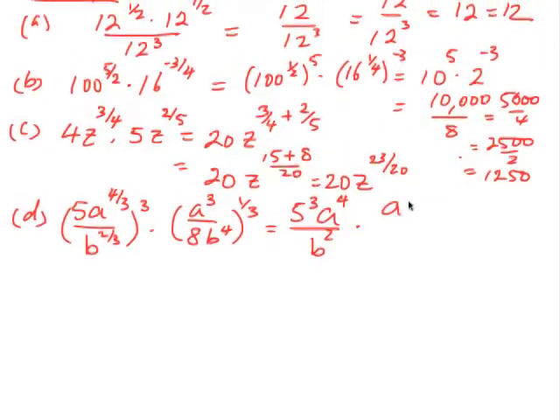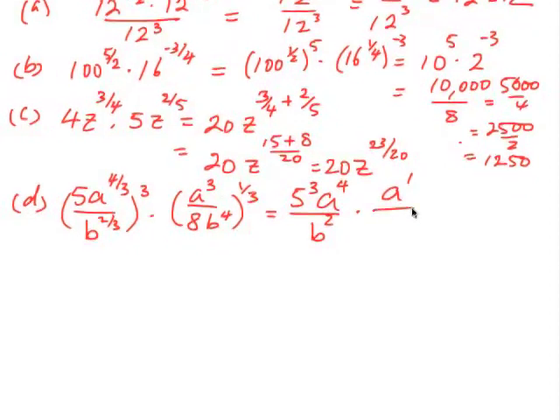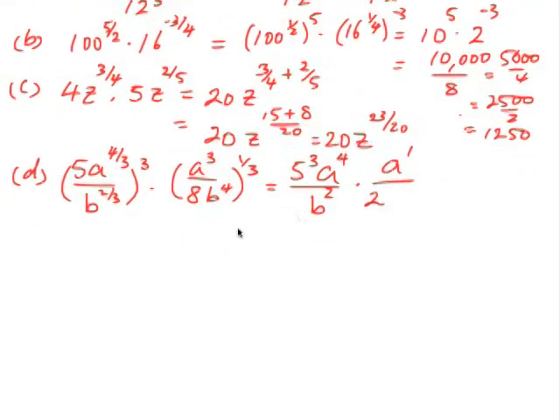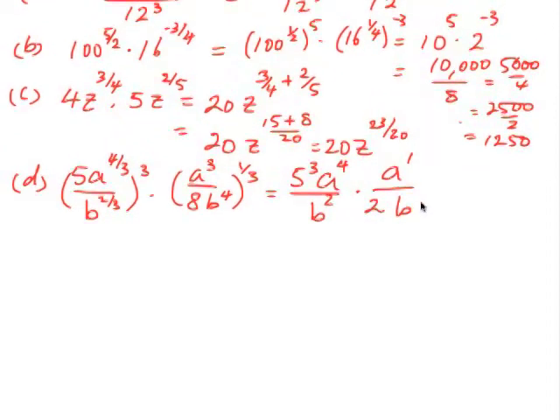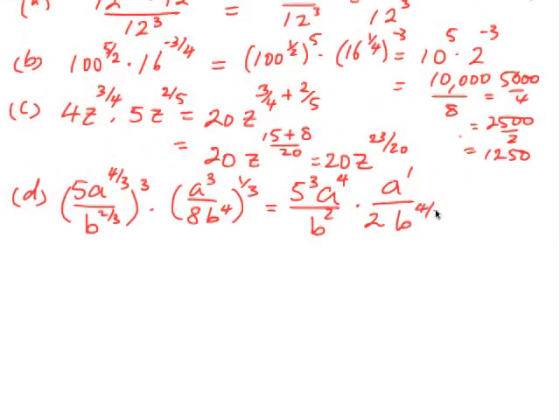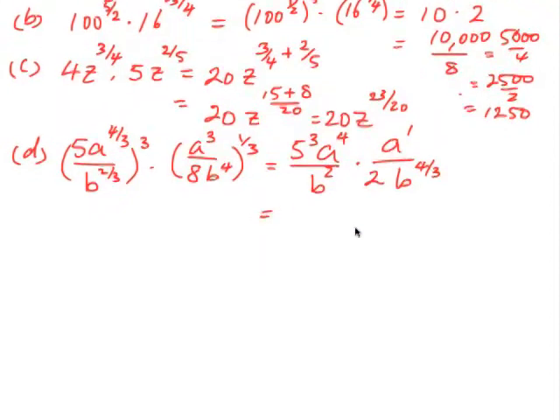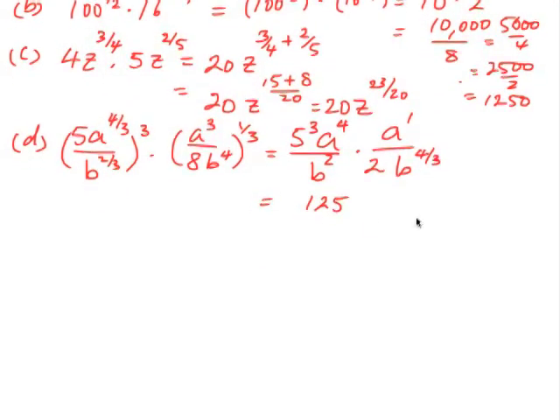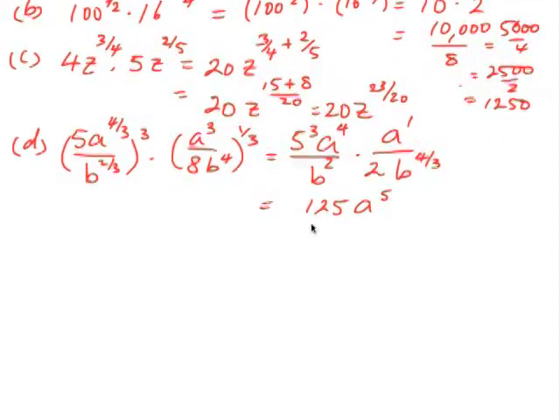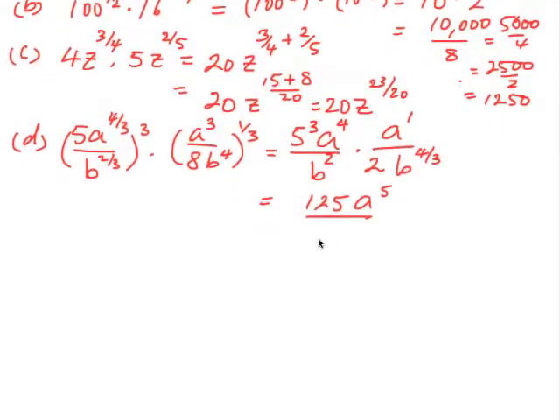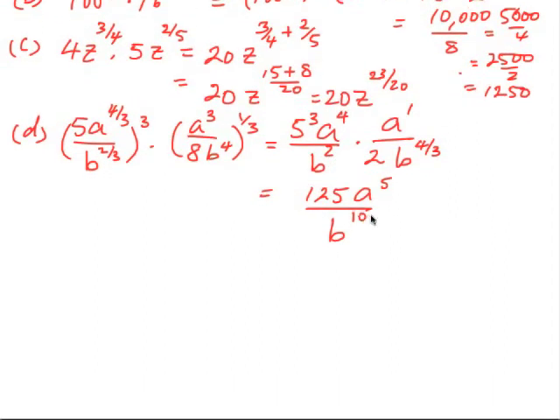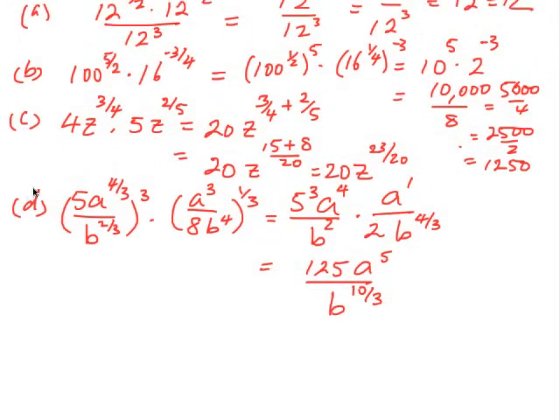And now we're going to have a to the 1 here, over 8 to the power of 1/3, which will be 2, and this will be b to the 4/3. So I'm left with 125 on the top, a to the 5, over b to the 2 minus 6, so it's going to be 10/3. And there's my result.